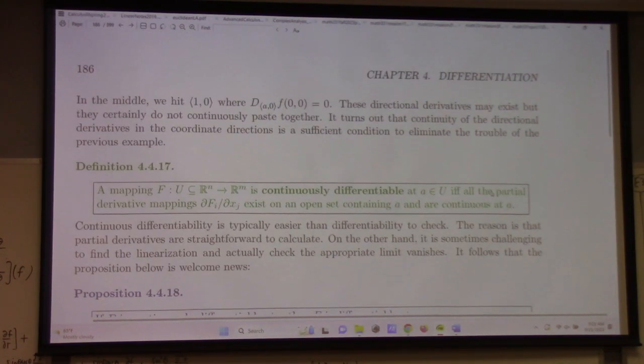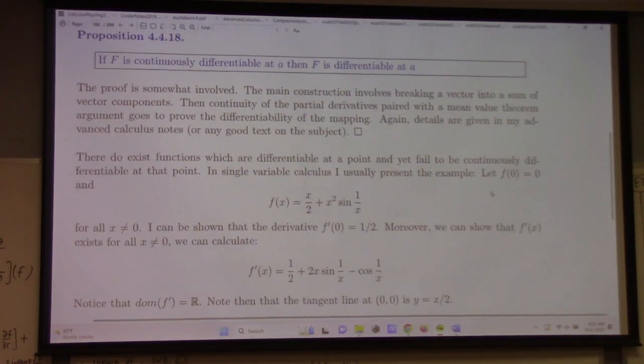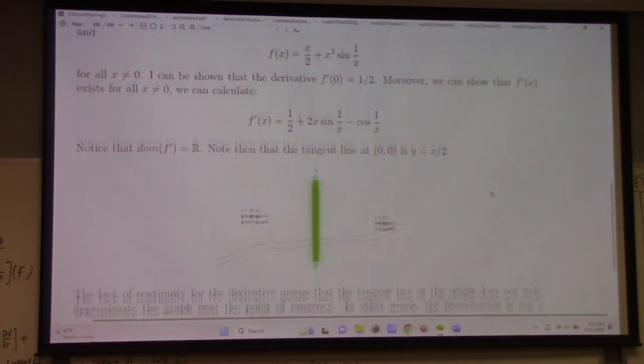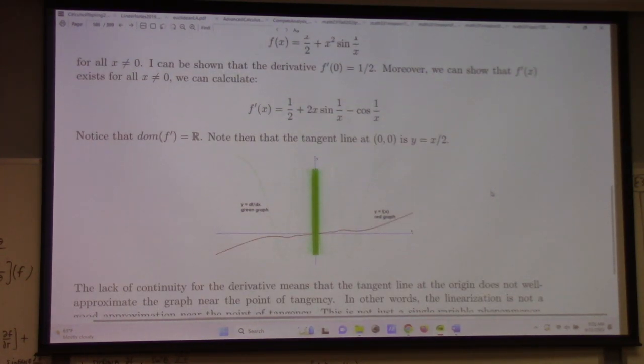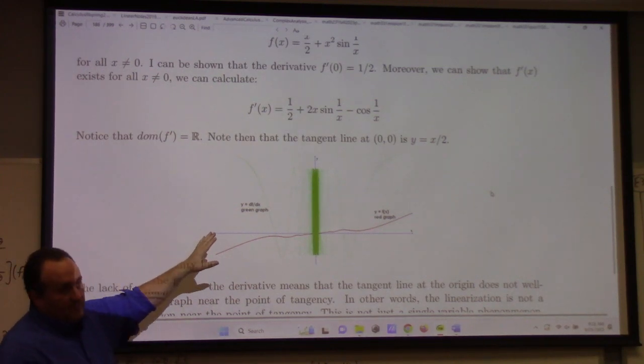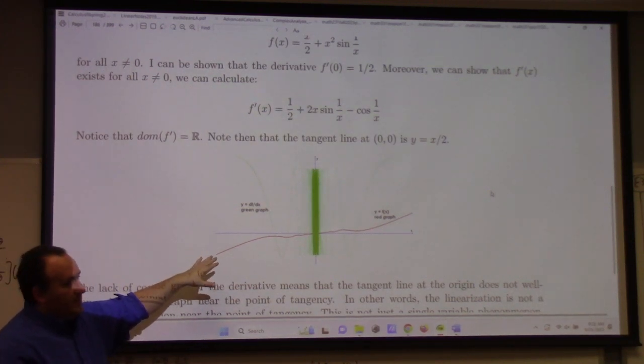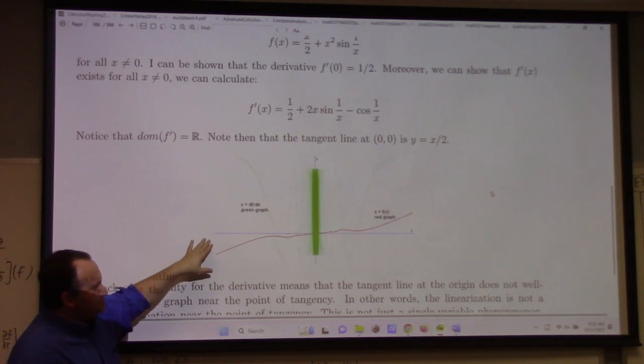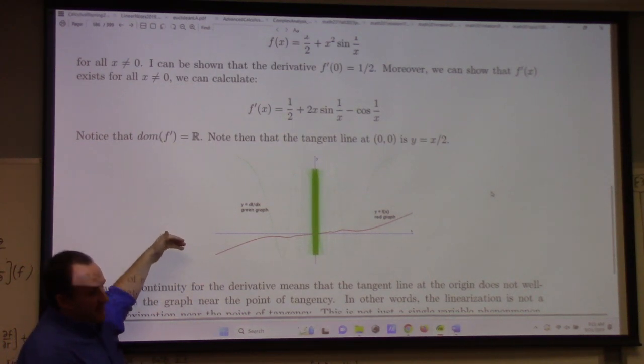So let's see if I can show you. This is sort of the standard, annoying example. This is just a one-dimensional thing, but it's a function which has a derivative that exists at 0, and yet it is not continuously differentiable.